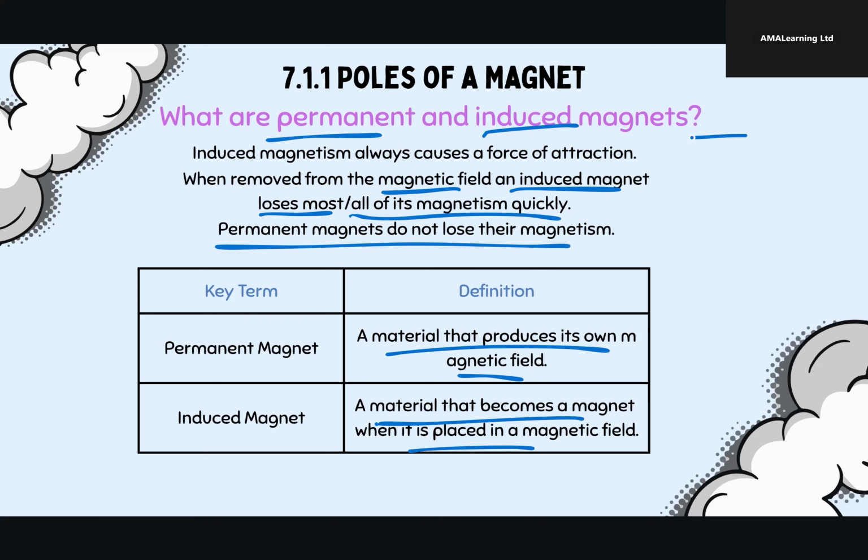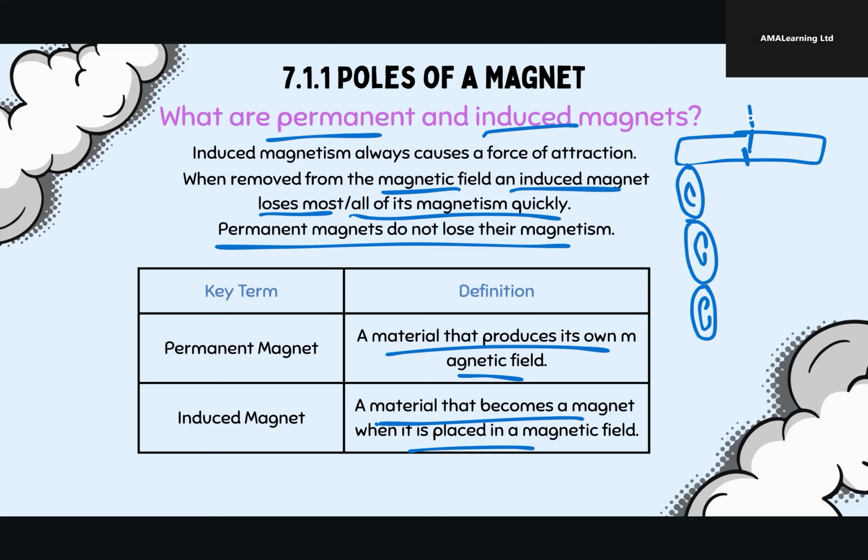So for example, if I have a magnet like this, that's permanent. It has a permanent magnetic field. If I attach a paper clip here, it temporarily turns that paper clip into a magnet. And because it's temporarily turned into a magnet, I can add another paper clip there, which turns this temporarily into a magnet. Another paper clip here, which turns it into an induced magnet, sorry.